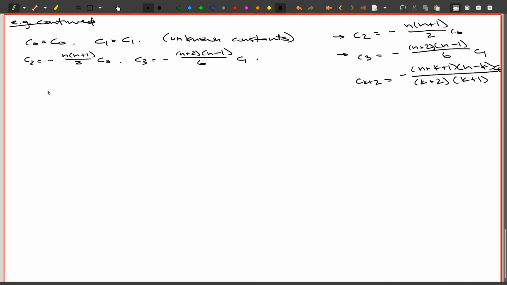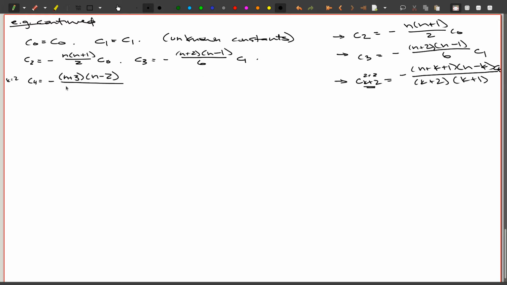And so the next thing we want is to find c sub 4. If we're going to use this equation, c sub 4 is going to happen when we take 2 plus 2 gives us 4. So we're just going to be plugging in k equals 2 to that equation right there. So that's going to give us minus n plus 2 plus 1 is going to give us 3. So n plus 3 times n minus k, which is 2, over k plus 2.